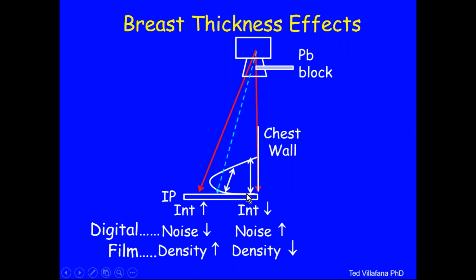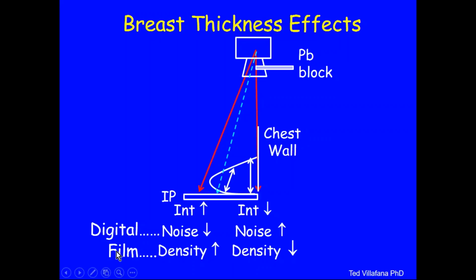So where intensity is low, the noise will be high. Where the intensity is high, the noise will be low. Notice noise always goes in the opposite direction of X-ray intensity. More photons, less noise. This is a non-uniform image, which we're trying to avoid.